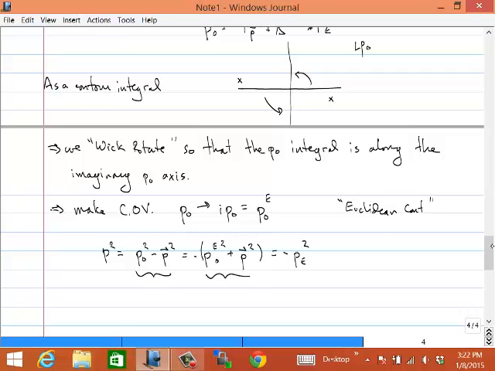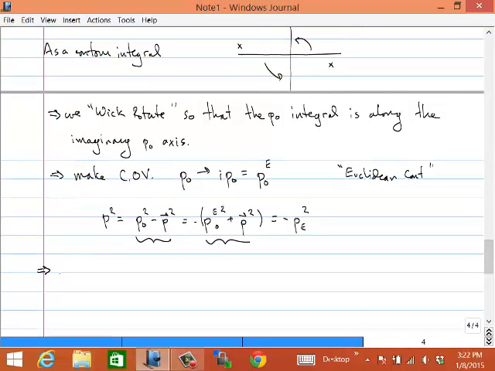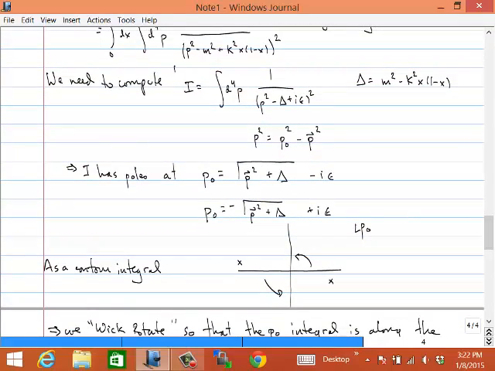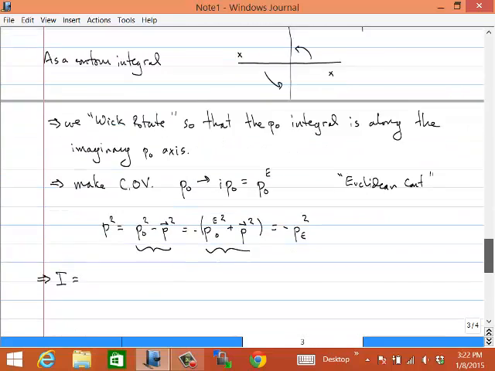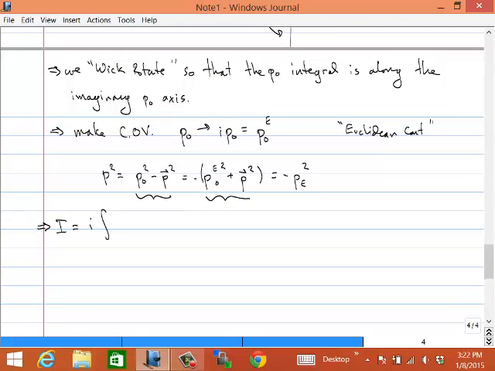So the integral that we're then doing, let me just remind you, we started out with this integral here, where p was a Lorentzian momentum, and we get a factor of i out front. That comes from the Jacobian when you make the change of variables, p0 to i p0 Euclidean. And then we have 1 over p Euclidean squared plus delta squared.